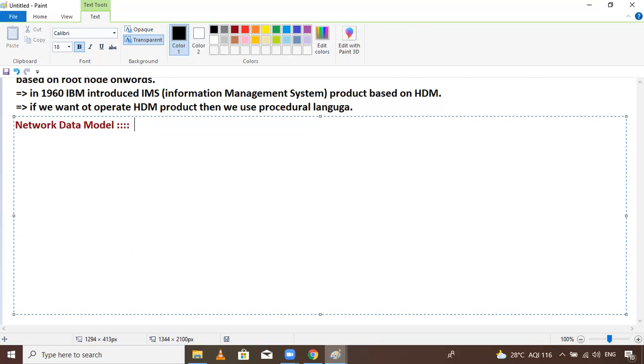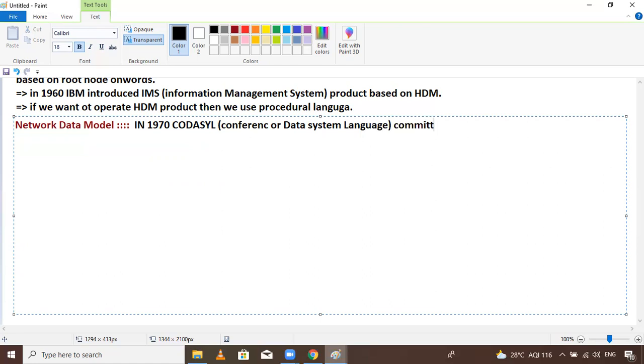So the network data model in the 1970s was introduced by CODASYL, which is nothing but the Conference on Data Systems Languages committee.